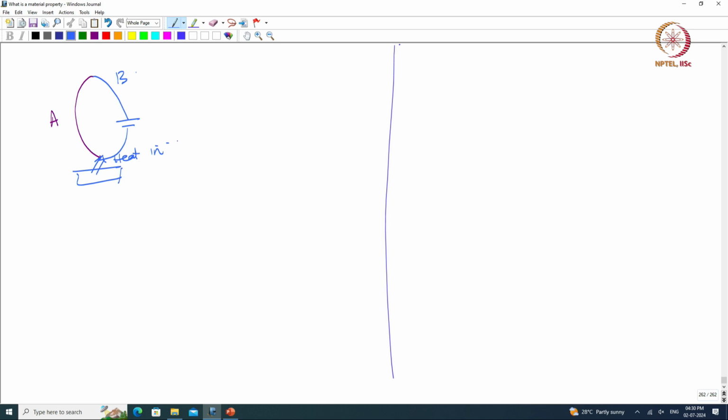The heat that I am sending in has two channels. So the heat in, J, equals JQ transported through B, minus JQ transported through A. Now, what is transporting this heat? The other thing that I will assume is that I am going to do this isothermally.